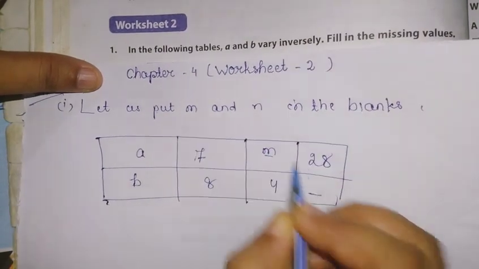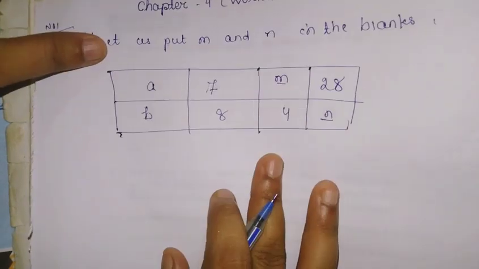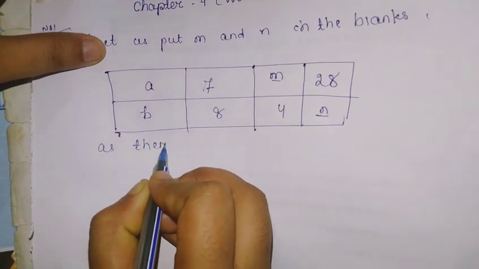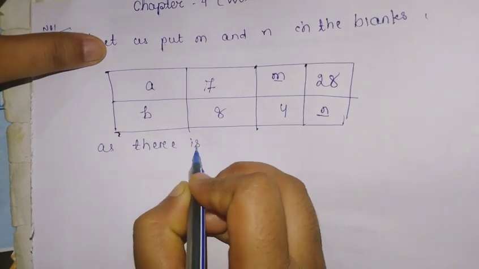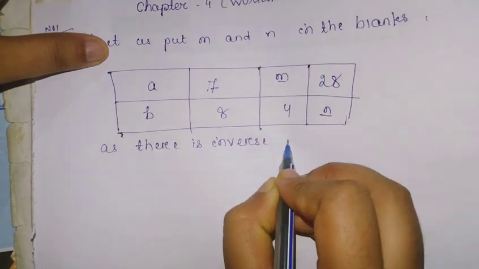We write it as M and N. As there is inverse variation.